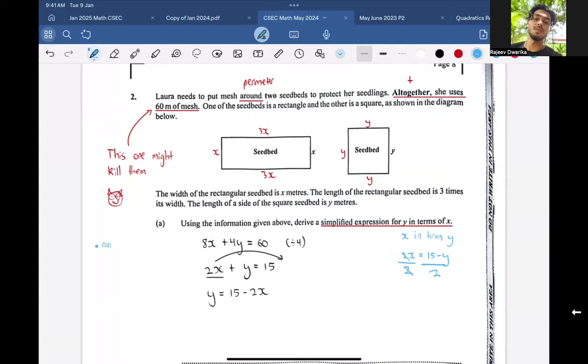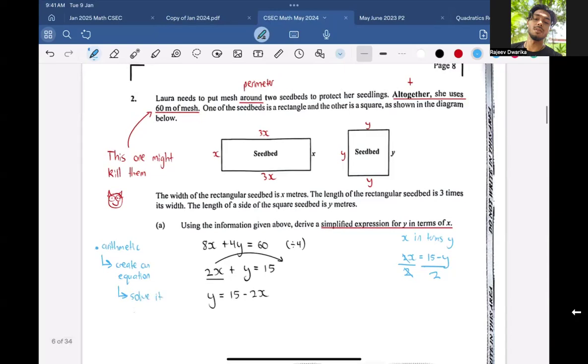You're looking for arithmetic, and you're gonna use the arithmetic to create an equation. Once you have the equation, you might have to solve it or make something the subject.